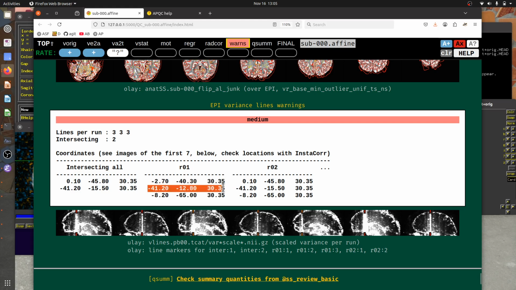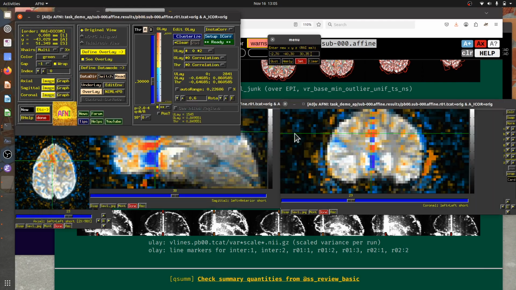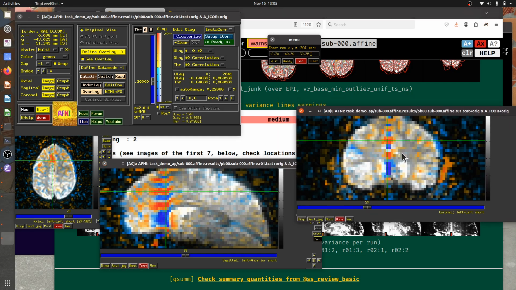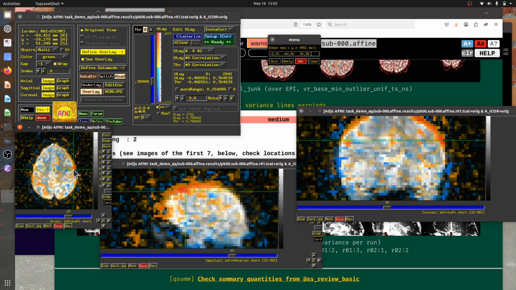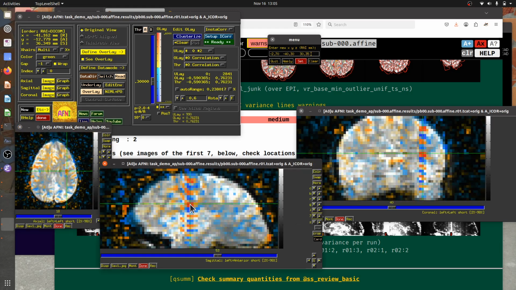And we could look for any of these around in these other locations as well and jump to them and try with Instacore. In reality, and actually with this data set, there are several variance lines. Often when we see them, there's more than one. So what we can look for is searching around. I was just looking for this vertical pattern as I move around.